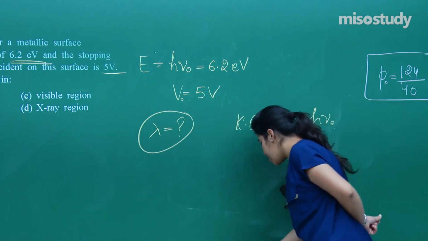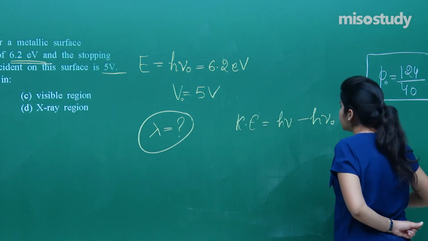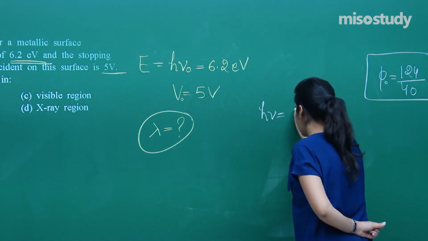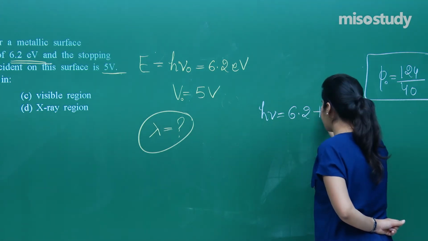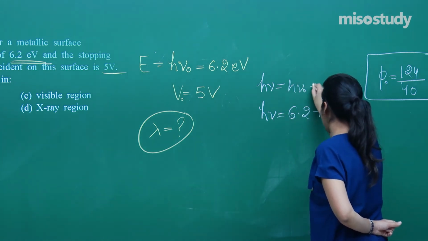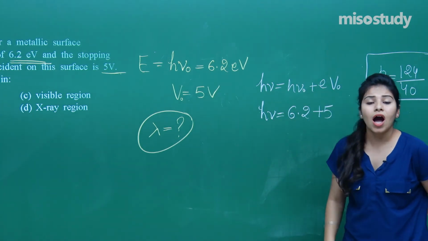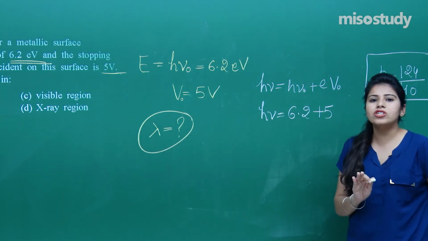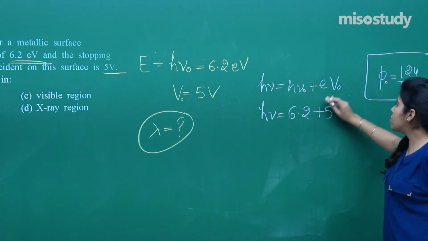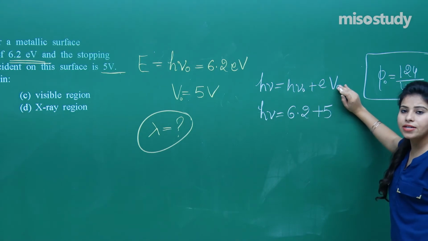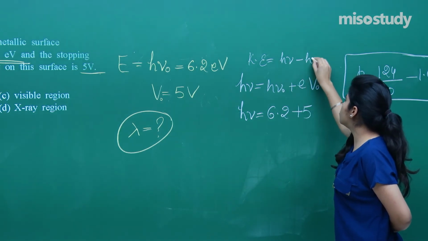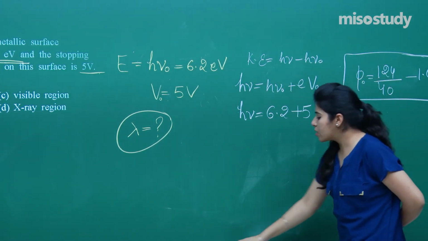What I can start here with, just let me remove this, and we will start with h nu equals 6.2 plus 5, because we know that h nu is nothing but h nu naught plus e into V naught. How can I say this? I have just written that photoelectric equation in another manner, because eV naught is the kinetic energy.